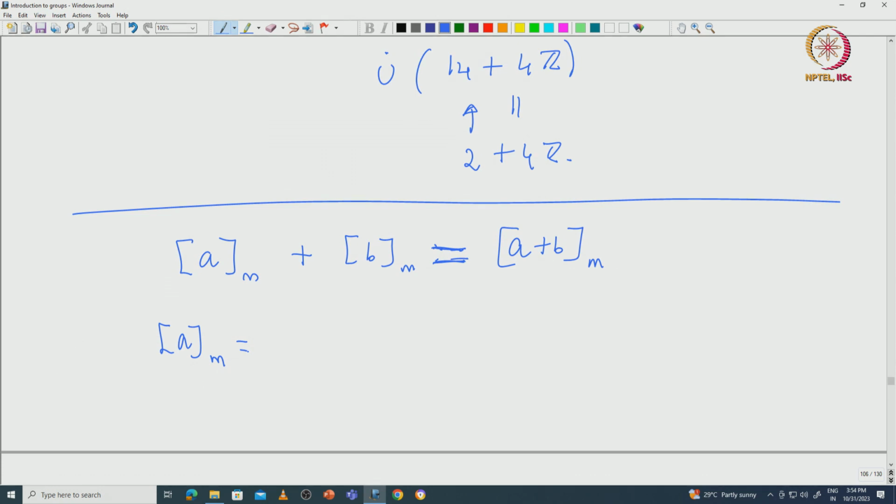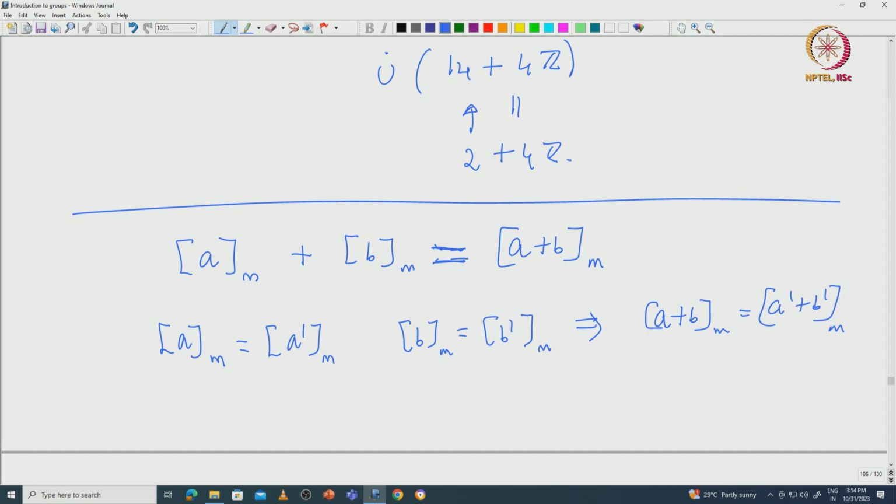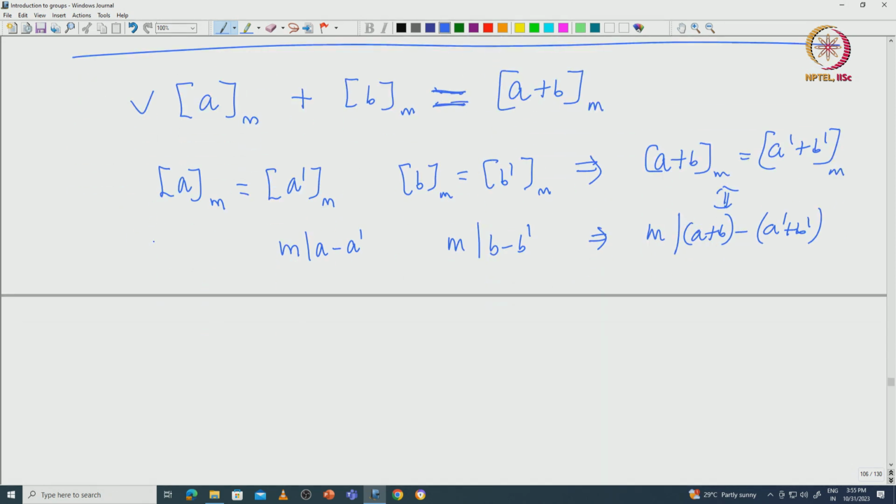If you take another representative, so [a] equal to [a'] and [b] equal to [b'], then we should prove that [a+b] is the same as [a'+b']. This is true from the elementary properties of congruences, because m divides a minus a', and m divides b minus b', which would imply that m divides (a+b) minus (a'+b'). So this is equivalent to this.